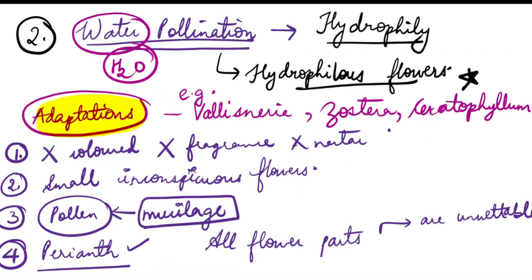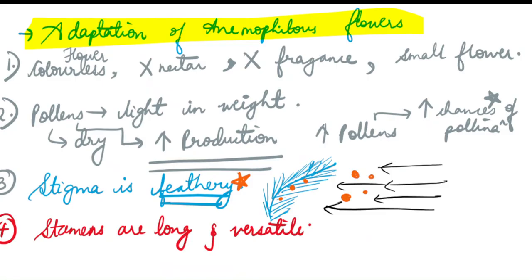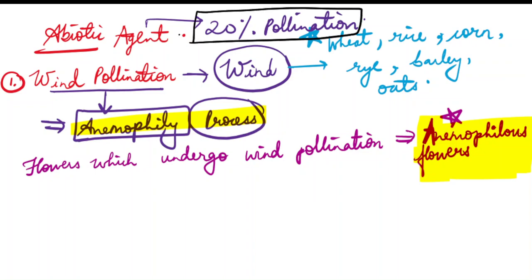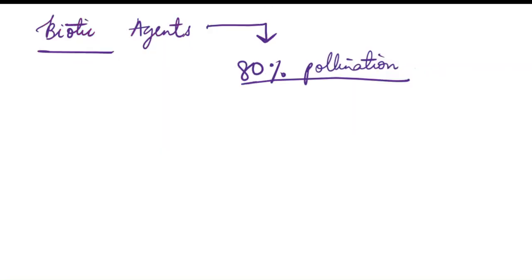Where I have written the word abiotic here, they do 20% pollination. You should remember this point. And here, the biotic agents are doing 80% of pollination.